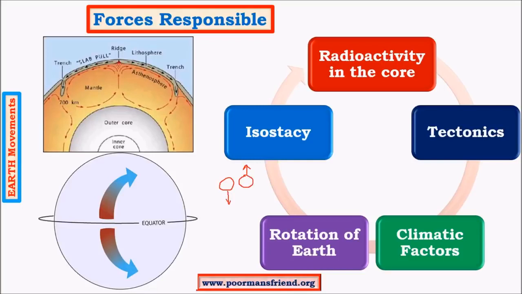This is the same thing happening in isostasy, where there is a balance achieved between denser landforms and less dense landforms. For example, mountains are the ones which are less dense; though they are rock, the bottom layers of mountains are not so dense compared to other regions like plains or plateaus. Usually plateaus have much denser regions below their surface.